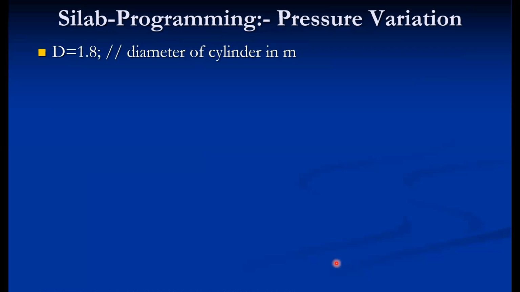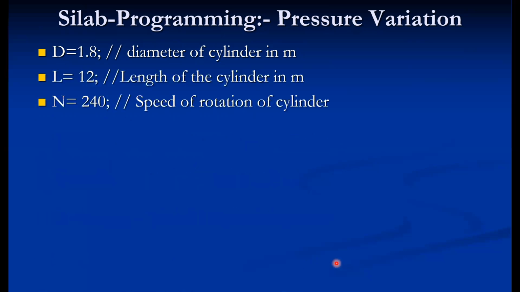First of all, we write the given quantities, like how we solve the problem numerically. In the same way we write the program. It's a simple set of steps. The diameter is given, then the length of the cylinder, then the RPM of the rotating cylinder, and the velocity of the fluid in meter per second.